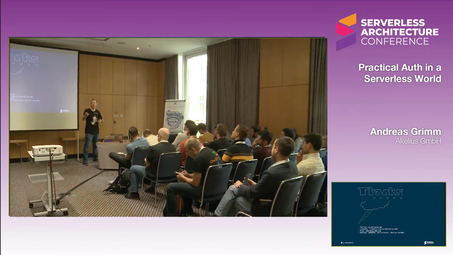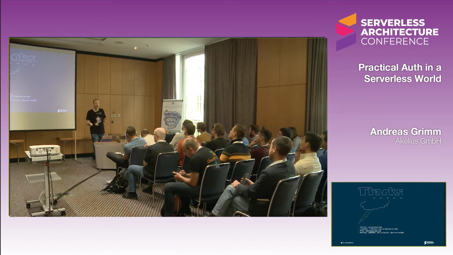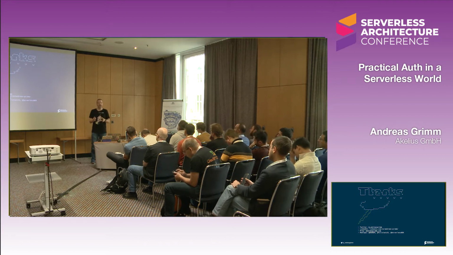Yeah, the question was, what about JWT token invalidation? Typically, as a JSON Web Token is self-contained, it's introspectable, it has all the information that we need when it arrives at our API.